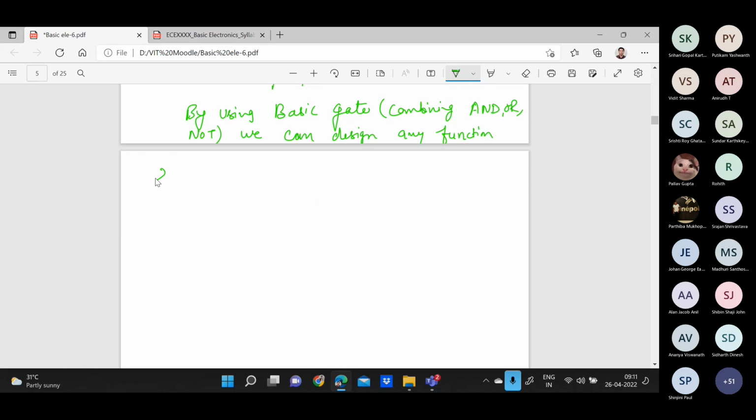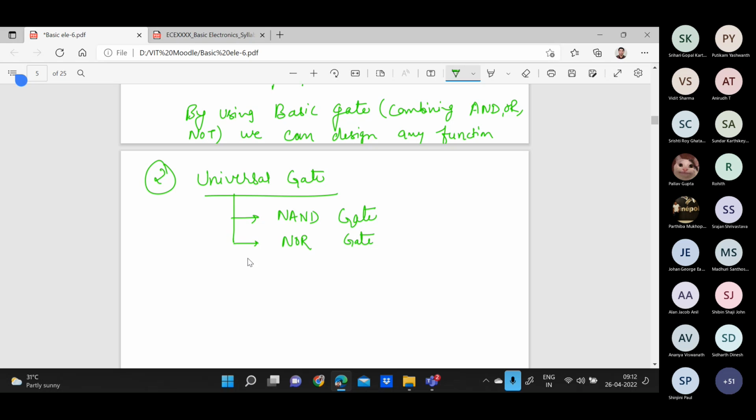Now, the second part of the logic gates is the universal gate. There are two types of universal gate. One is the NAND gate. Another one is the NOR gate.